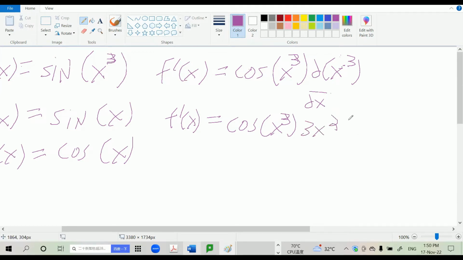This is with respect to x, so I keep this left over like this, to imply that I had already taken the derivative of whatever that was.